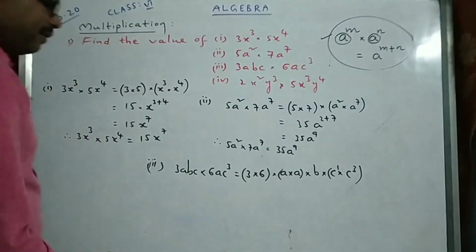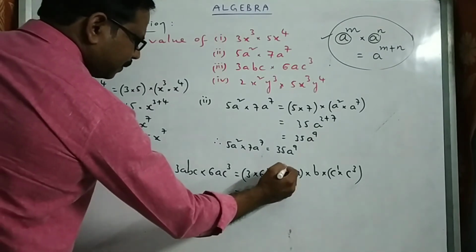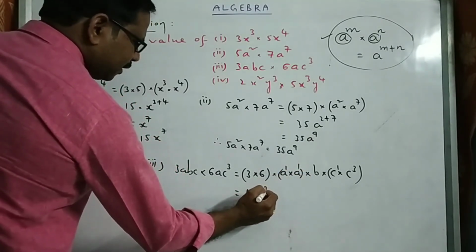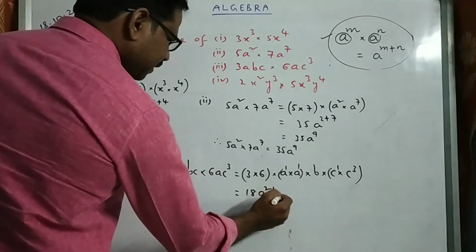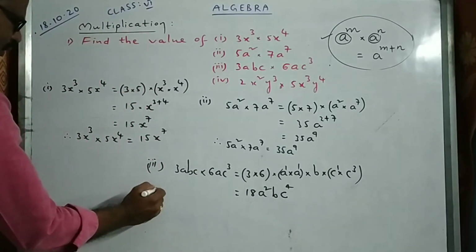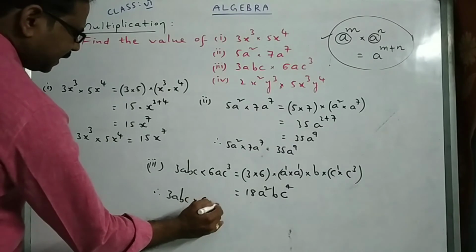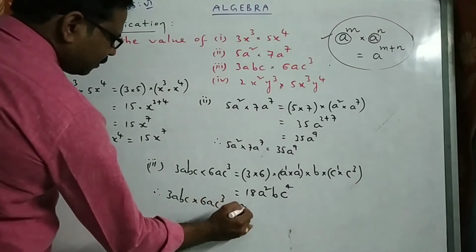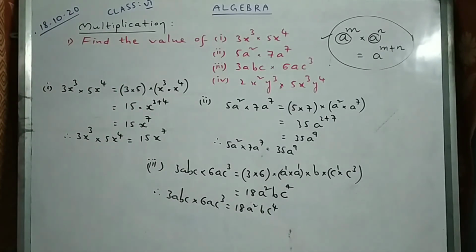If there is nothing we can take 1. 6 threes are 18. A to the power 1, a to the power 1. So a to the power 1 plus 1, 2. B into c to the power 1 plus 3, 4. So therefore 3abc into 6ac cube equal to 18a square bc power 4. Understand?